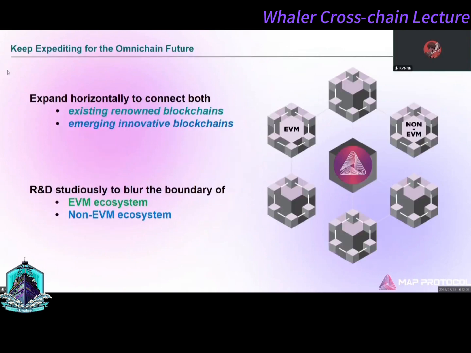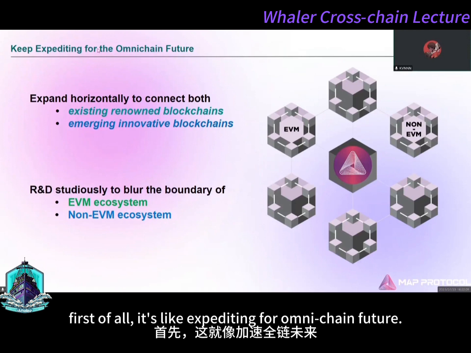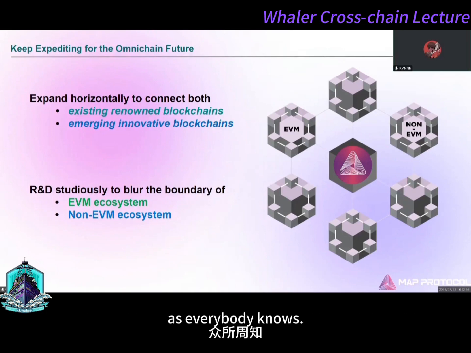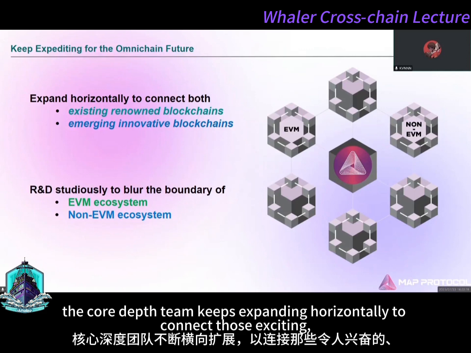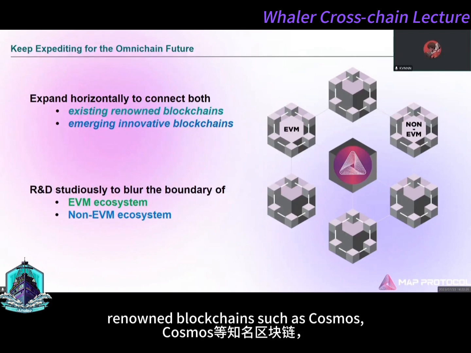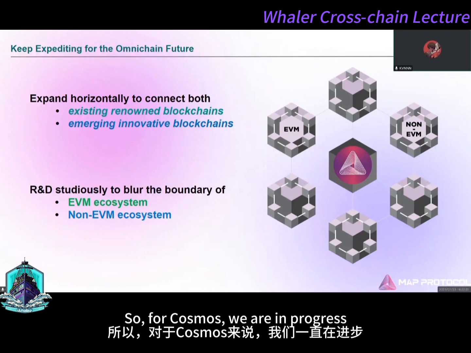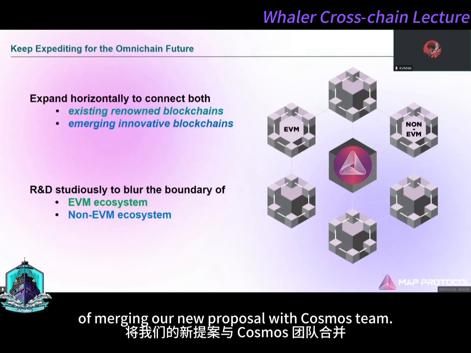The first one is to keep expediting the Omnichain future. The Map team is always expediting the Omnichain future, as everybody knows. To achieve this, the core dev team keeps expanding horizontally to connect exciting, renowned blockchains such as Cosmos, Polkadot, and Klaytn. For Cosmos, we are in the process of merging our new proposal with the Cosmos team.